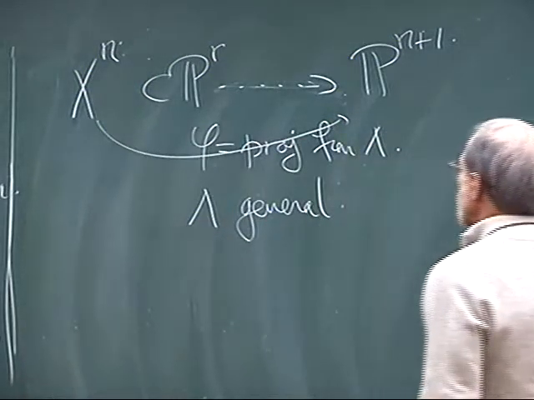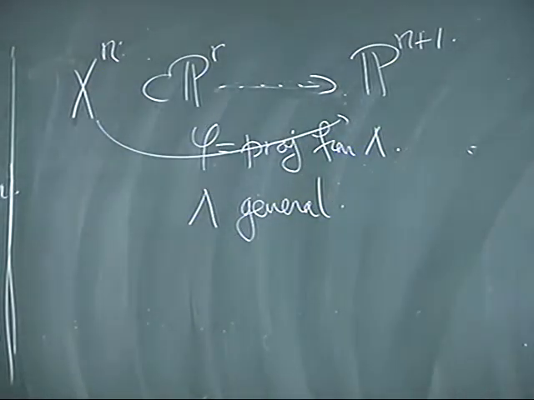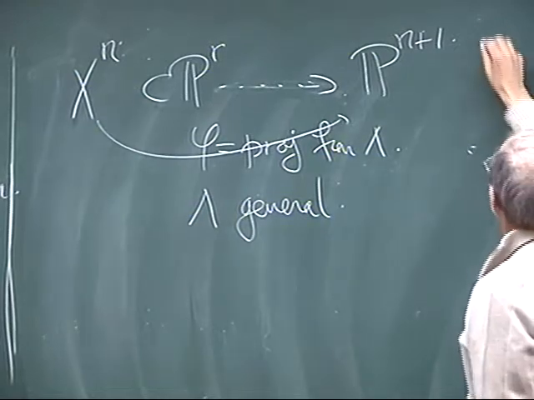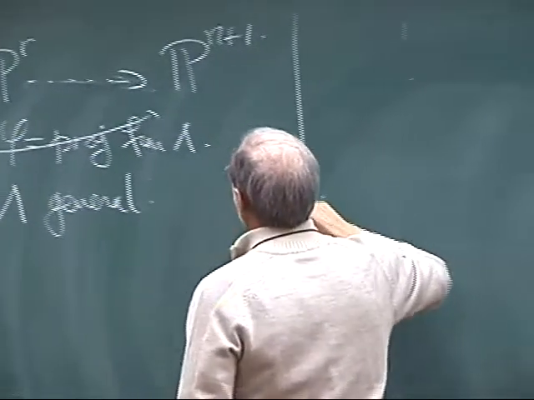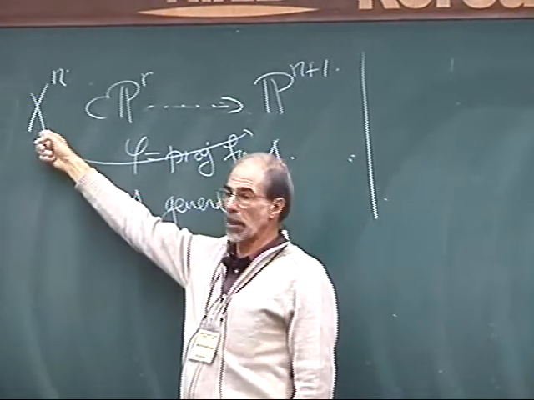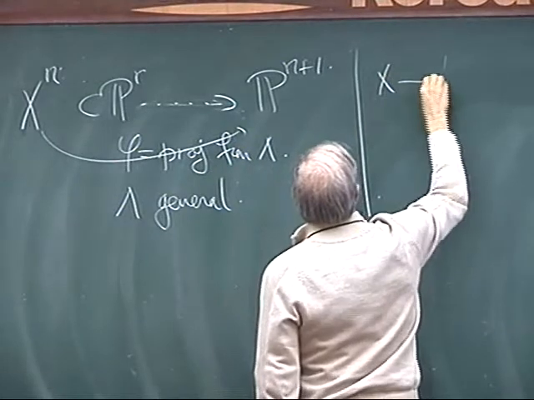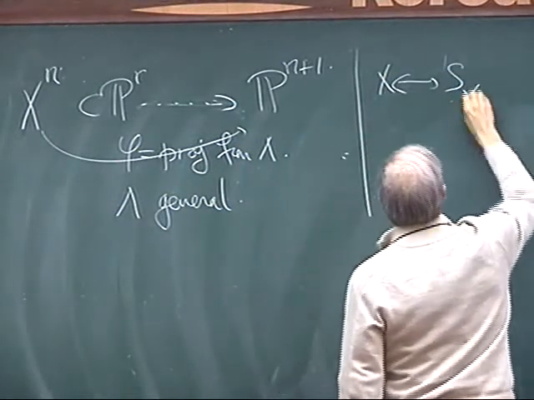So how do we express this algebraically? Using this machinery here, we can say it in the following way. Such a morphism really, well, first of all, X corresponds to a homogeneous coordinate ring. So X corresponds to S_X, let's call it.